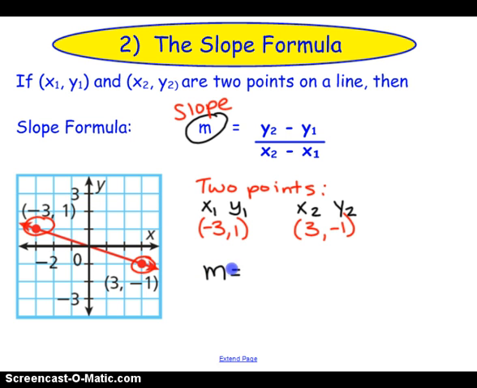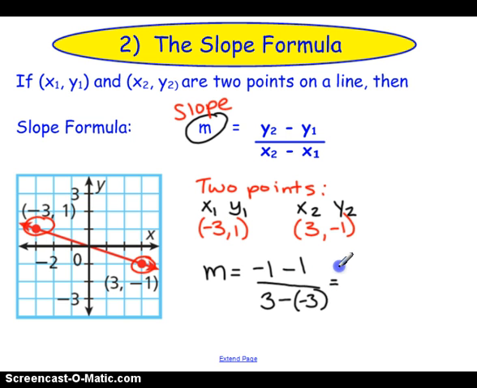So you say m equals y2, well that's -1, minus y1, that's 1, over x2, which is 3, minus x1, which is -3. And what you want to be careful of here is your negative signs. This number is 3, there's a minus from the formula, and then there's another minus from the number.